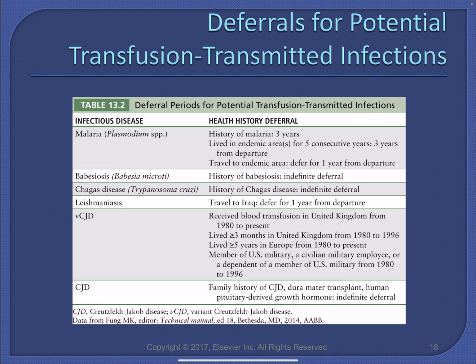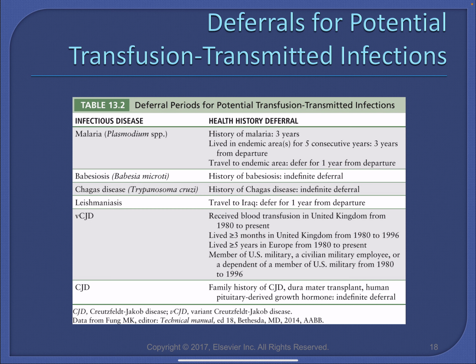For example, a history of malaria would defer them for 3 years, or a person that has lived in an endemic area for 5 consecutive years would get a deferral for 3 years from the departure, after they left the place where they were. So it's very important that we ask the questions about potential transfusion transmitted infections, to determine if these donors have these.